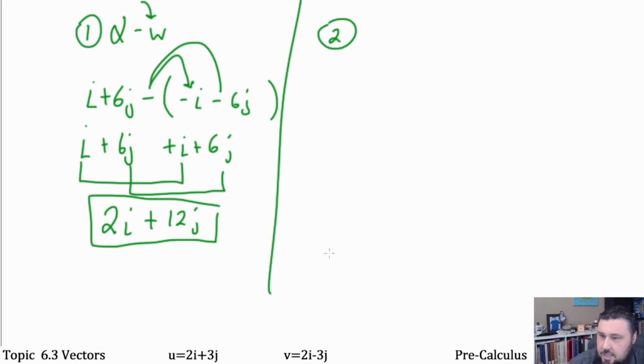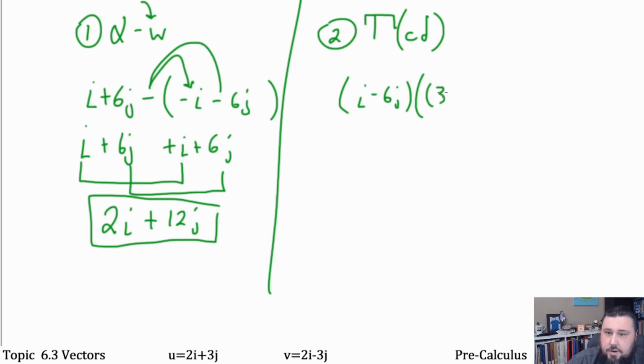For number 2, we have t times CD, where t is I minus 6j. And then c and d are scalars, but I know I can multiply scalars together, right? So I'm going to take 3 times negative 4.